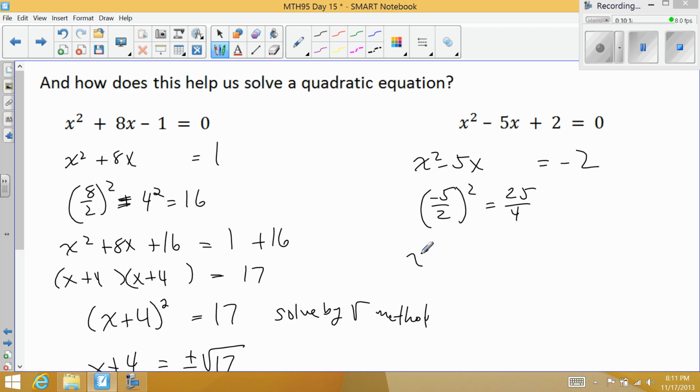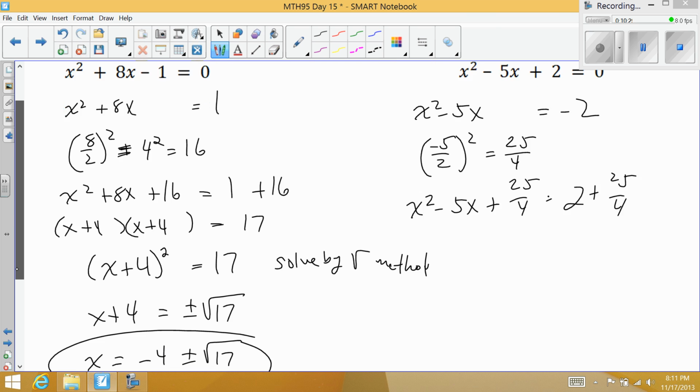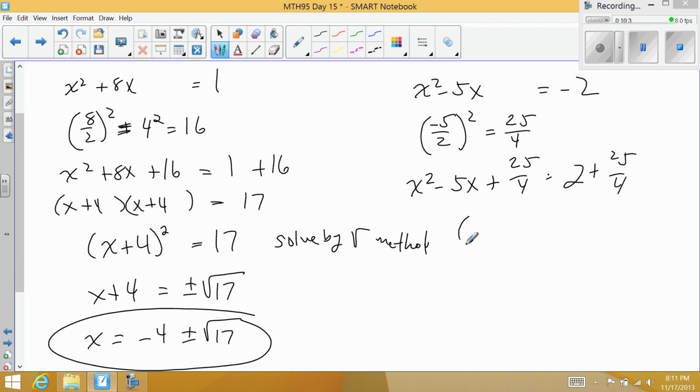So we add that to both sides. The left-hand side will factor to a perfect square. You can do that in 2 steps as I did in the first example, or cut straight to the chase. I'll leave that up to you.